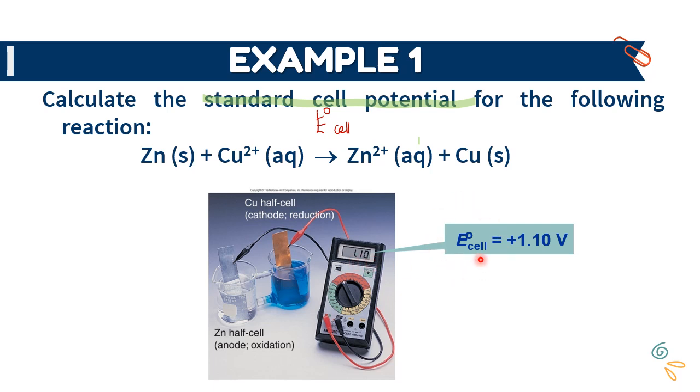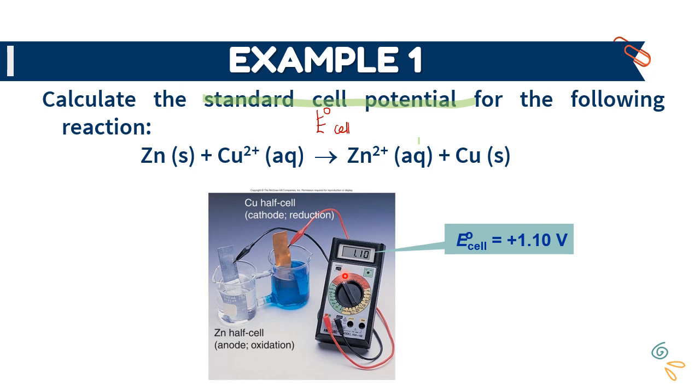So this is the value of the E0 cell, if we have an experiment set up like this in the lab. But how are we going to determine the E0 cell if we don't have a voltmeter? How are we going to calculate?